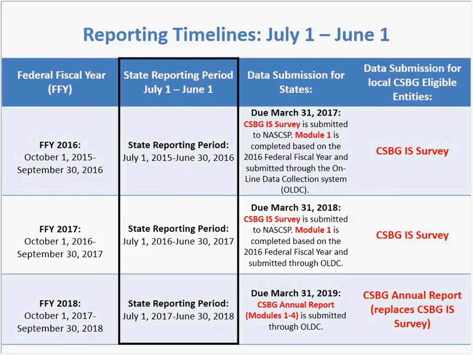So first, this first chart is for states reporting on a July 1st through June 30th timeline. In the first row, we look at fiscal year 16, which is what we're currently reporting on. Of course, you're reporting Module 1 in OLDC, that's the online data collection system, March 31st.